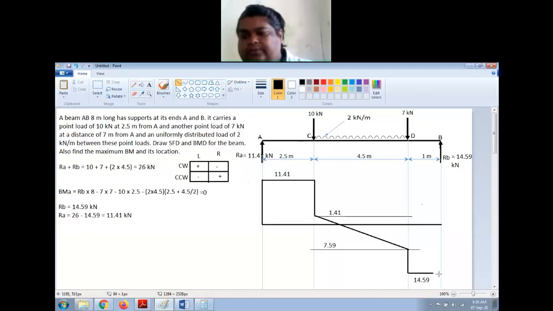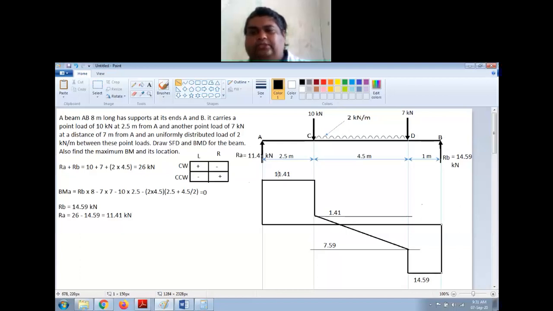So you draw a horizontal line like this, and at the end I have a reaction which is equal to 14.59. You see here 14.59 minus 14.59, and at this point it will be positive 14.59. So it will be upward. So this is the shear force diagram for the given numerical.